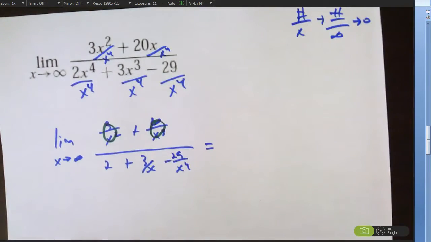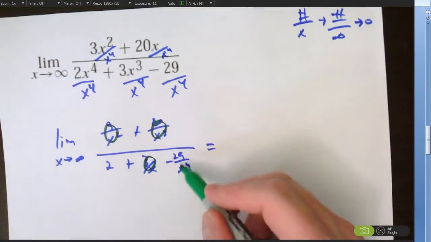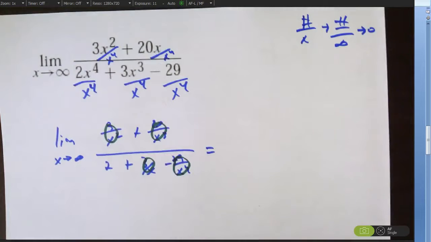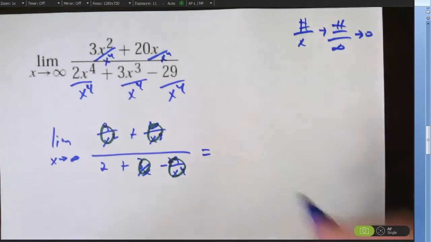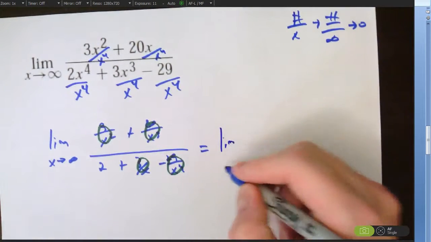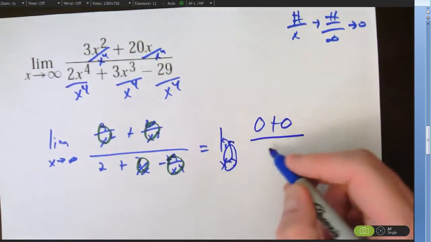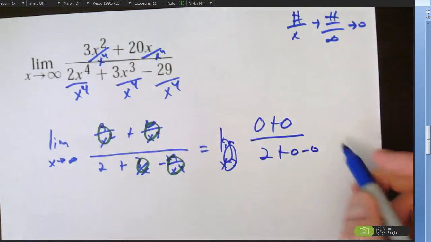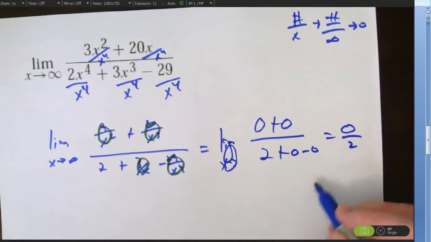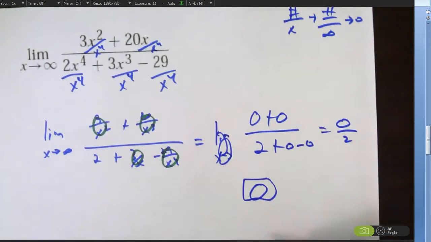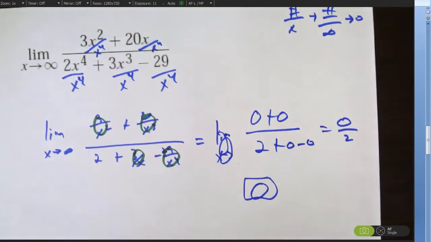This goes to 0, this goes to 0, this goes to 0. So each of those becomes 0 plus 0 over 2 plus 0 minus 0. Well, 0 over 2 is 0 for our limit. So that one's 0.